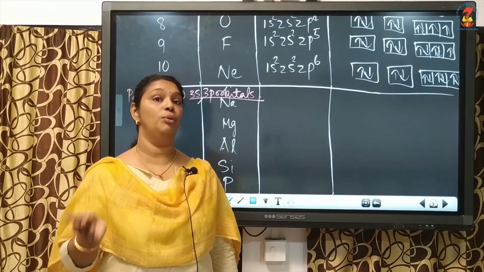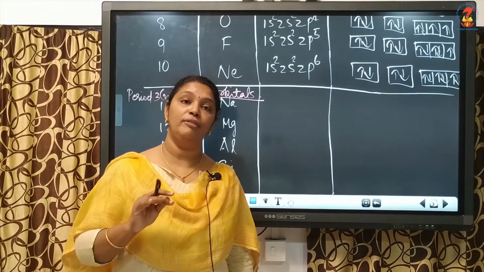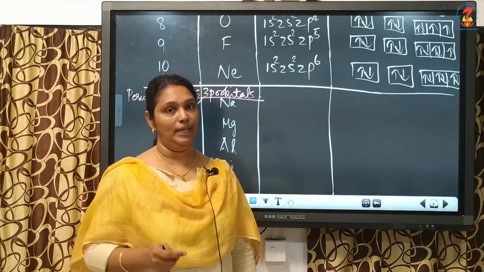Only after 4s gets filled will 3d get filled, which means 3d orbitals are filled in the 4th period.